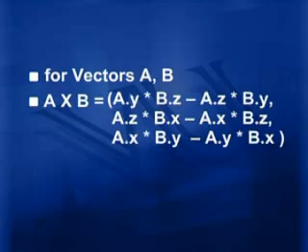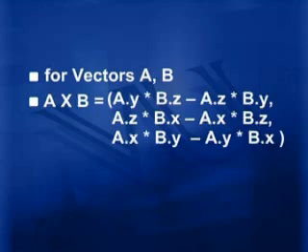So we can see A cross B would be evaluated to be the y coordinate of A times the z coordinate of B minus the z coordinate of A times the y coordinate of B, and that would form one value, which would be the x coordinate of the resulting vector.